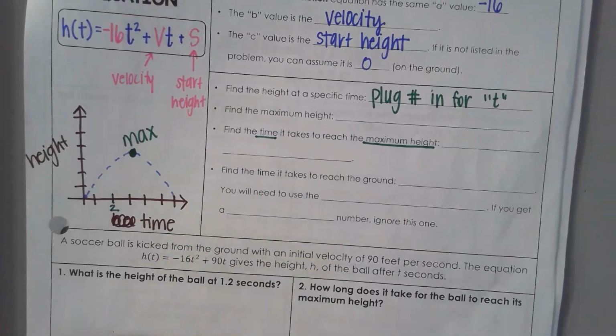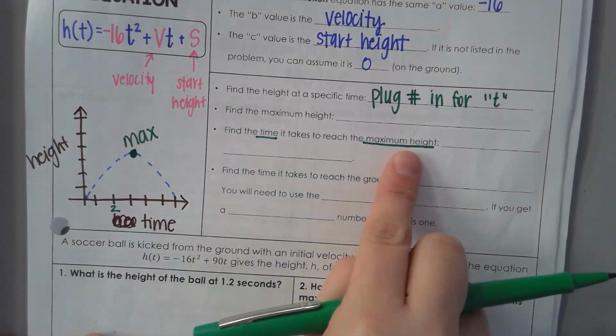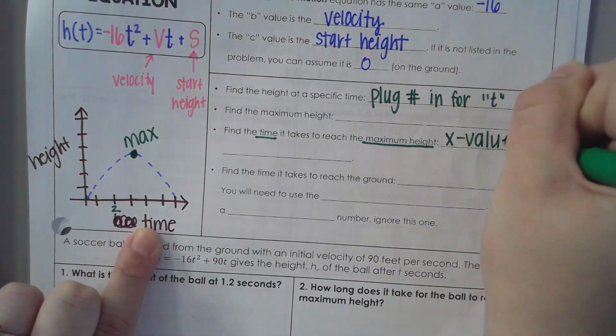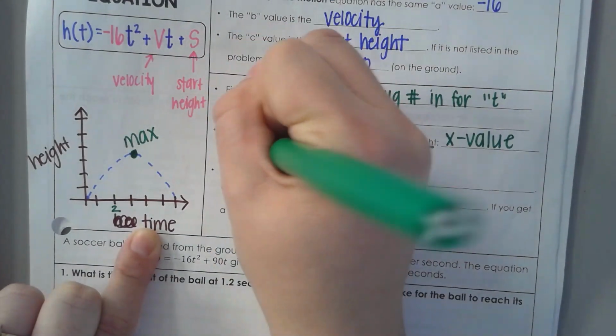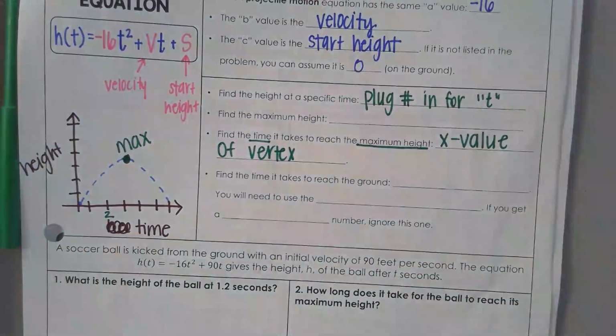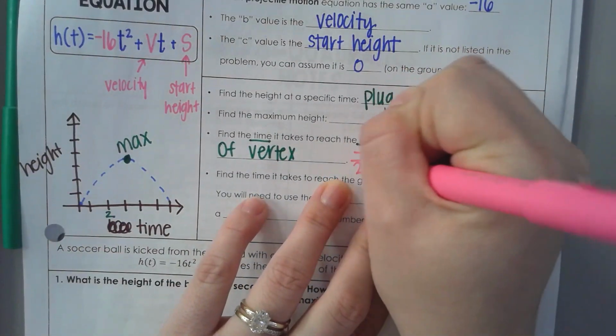If we're finding the time that it takes, so how long it takes, we're going to be finding the x value of the vertex, which had a formula that we did early on, negative b over 2a.